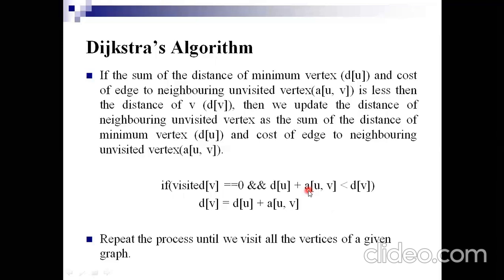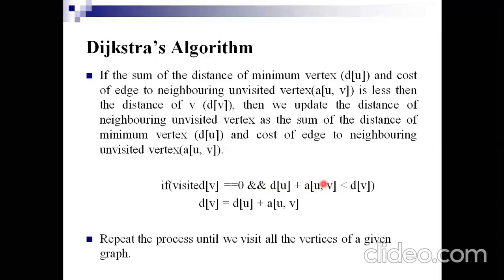A is your adjacency matrix which holds the representation of the graph or which holds the weight. Yes. So D of U. So D of U is what? Distance with respect to the minimum vertex plus A of U V is what? Weight of the edge from U to V. Where U is visited, V is still not visited. And U and V are adjacent.